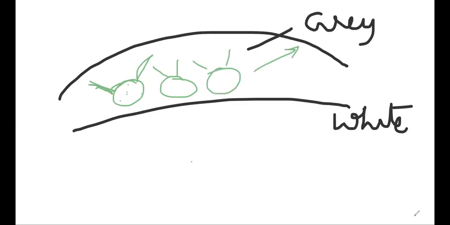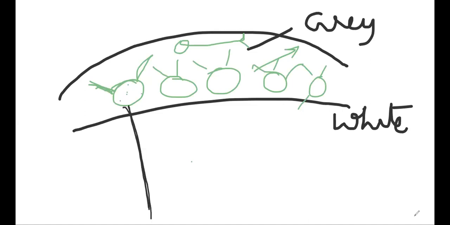Cyton and dendrites. Okay. Are there any axons in this gray matter? Yes, it may be; unmyelinated axons can be expected. Then myelinated axons are present here, like this, like this.